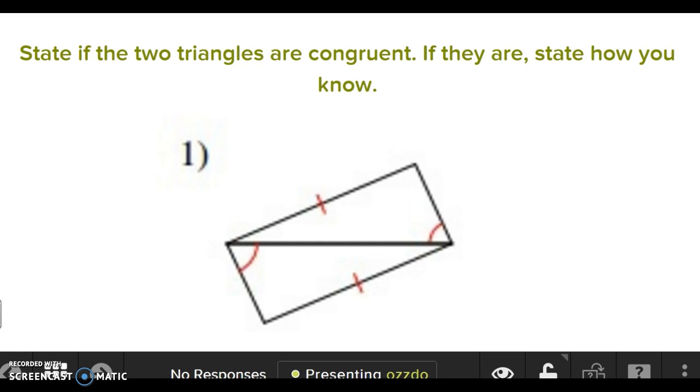Here are a couple examples of what these types of problems might look like on a test or a homework assignment. Okay, so state if the two triangles are congruent and tell me what congruence conjecture, like side-angle-side, or side-side-side, or angle-side-angle, applies. Okay, so here notice that we have this side length congruent to this side length.